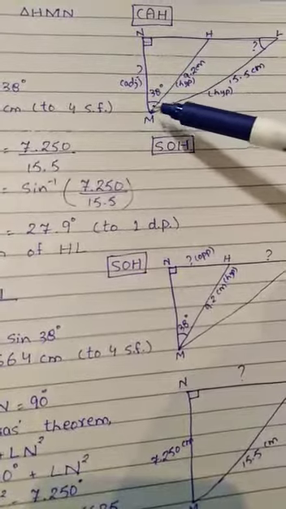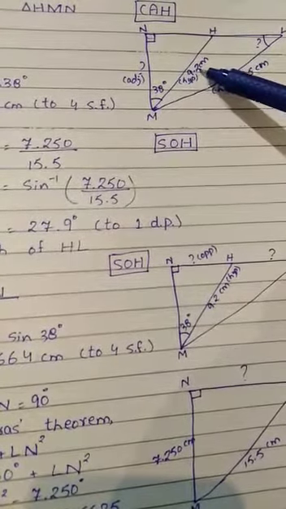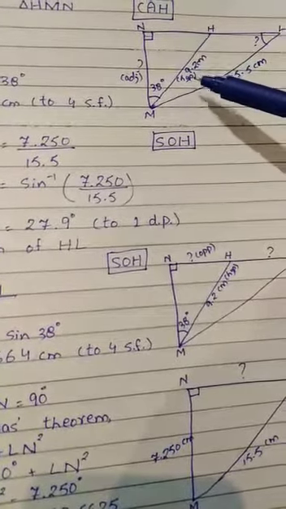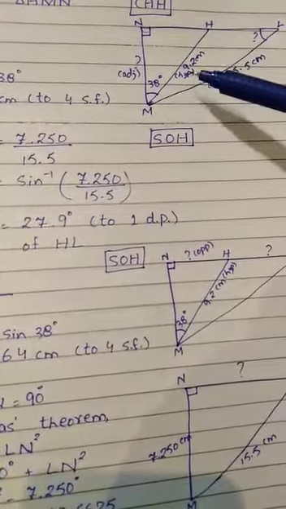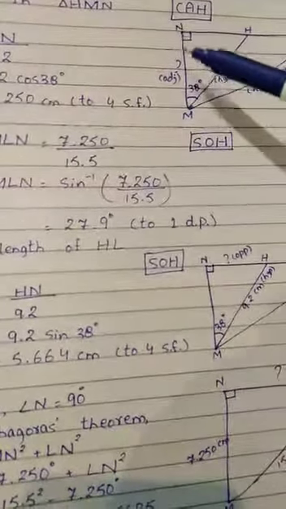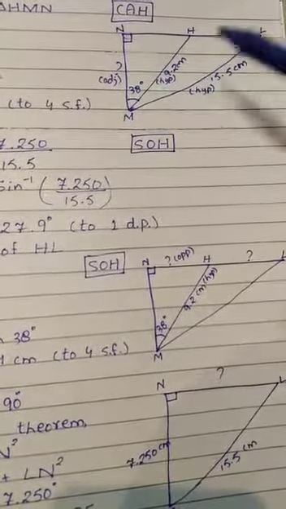So how will you find it in the triangle? First, you will take triangle HMN, in which angle M is equal to 38 degrees and HM length is equal to 9.2 centimeters, which is also the hypotenuse because it is opposite to the right angle.